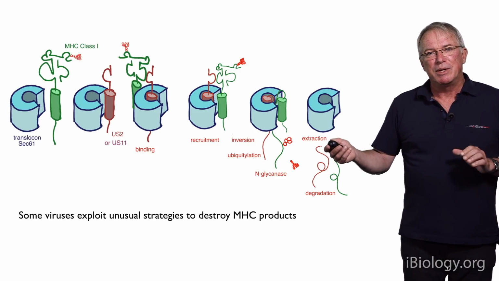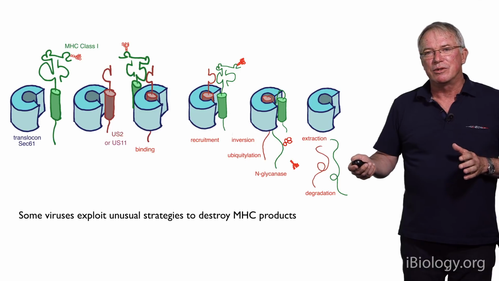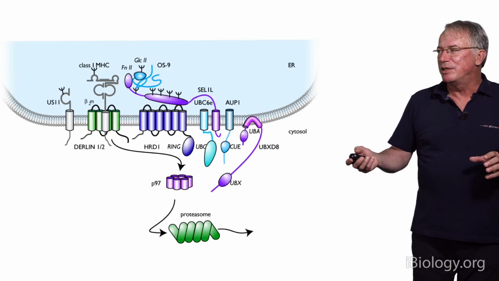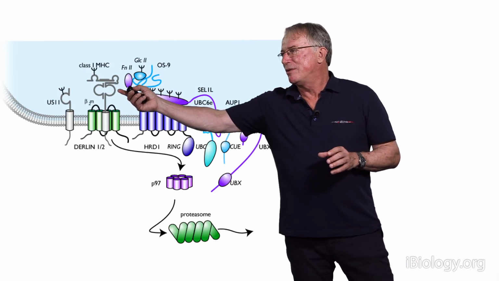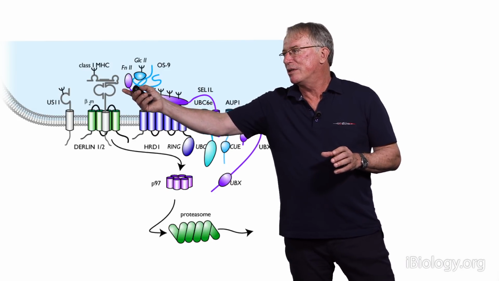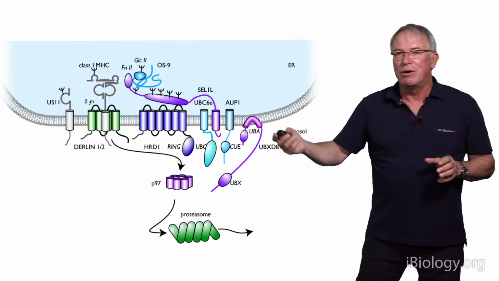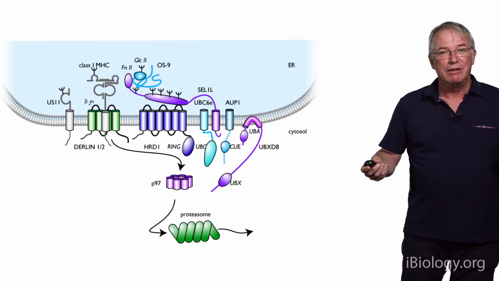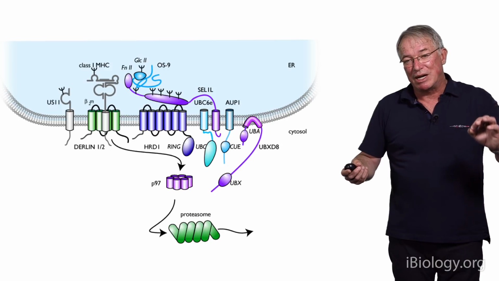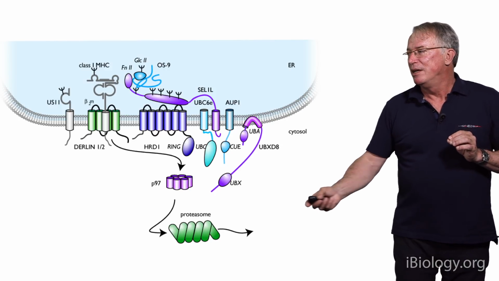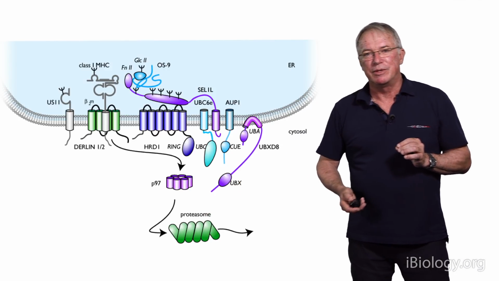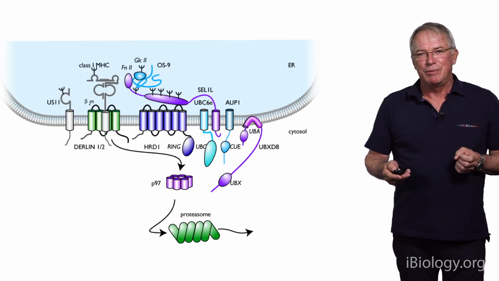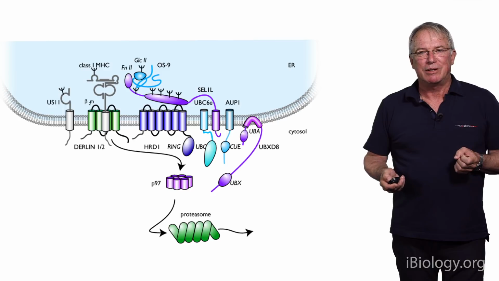And to put some molecular detail on this particular cartoon, this would be our current understanding of how this complicated machine operates. We have the centrally positioned class 1 MHC product and a host of other cofactors that together ensure that this class 1 protein in a virus-infected cell can be extracted from the endoplasmic reticulum and ultimately targeted for proteasomal degradation.